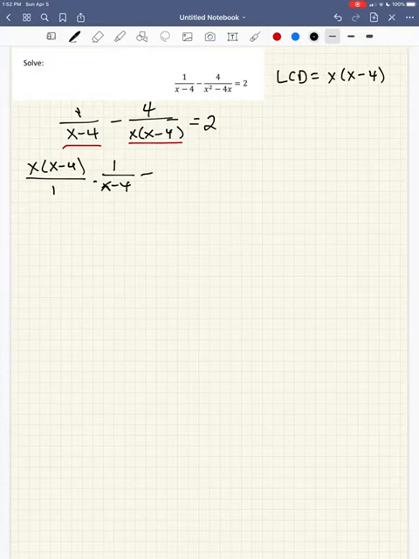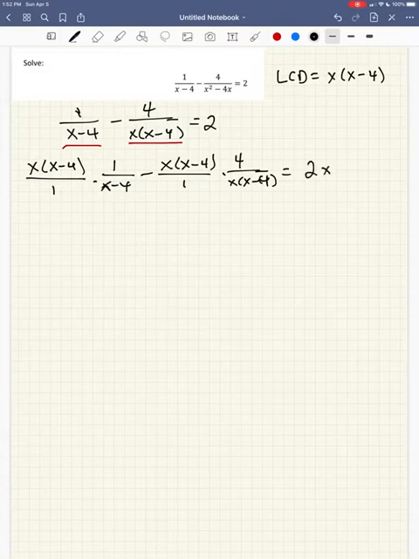Then I'm going to do the same thing with the second fraction. And then over here, I'm not going to have to write the x and the x minus 4 over 1. It's just all multiplied together.